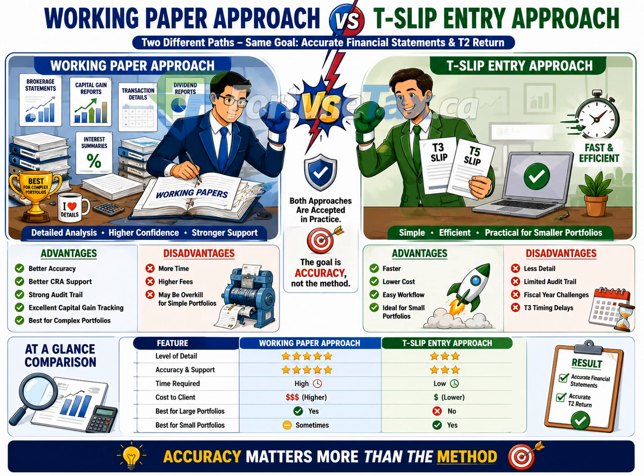Because every transaction is analyzed, there is a stronger understanding of what occurred during the year. It also provides excellent support if questions arise from management, auditors, or the CRA. The audit trail is stronger, capital gains are easier to track, and complex investment portfolios can be analyzed more effectively.